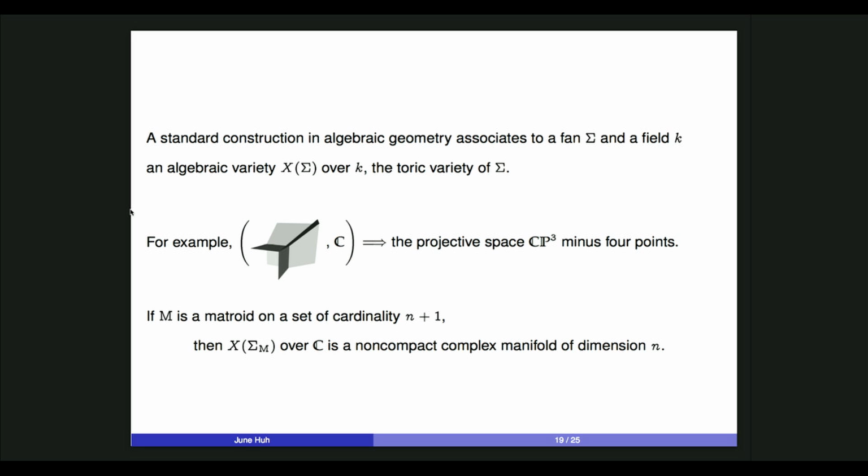And this is going to be, in general, a non-compact, in fact, smooth complex manifold of dimension n, where n is coming from the cardinality of your finite set.